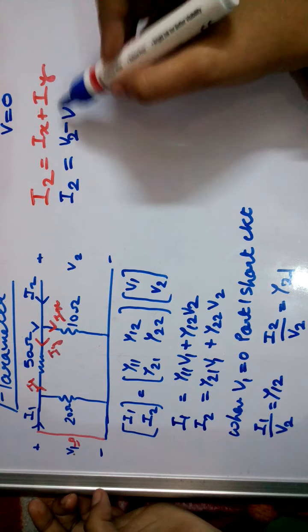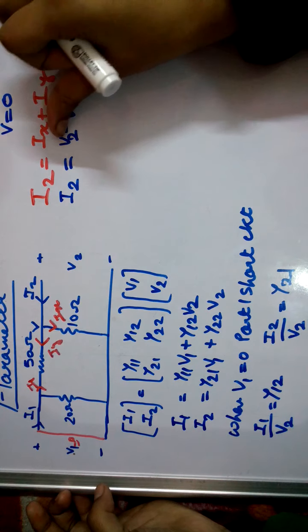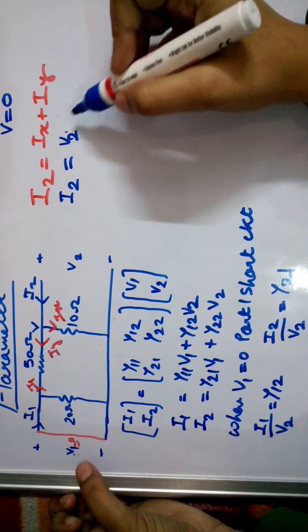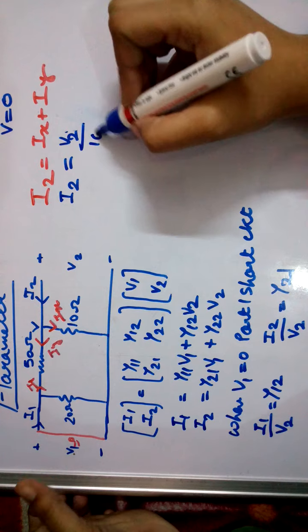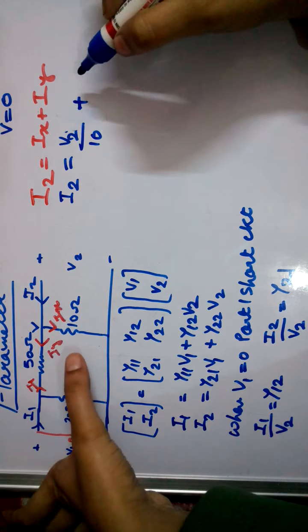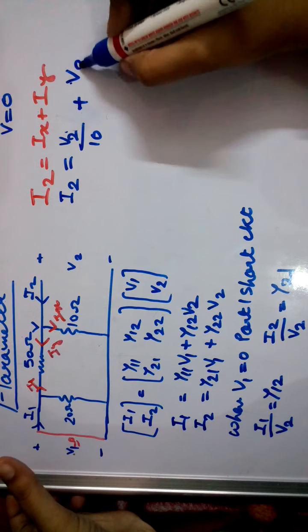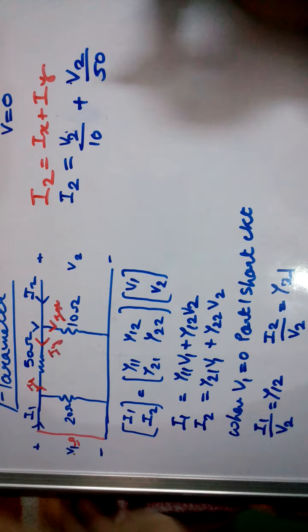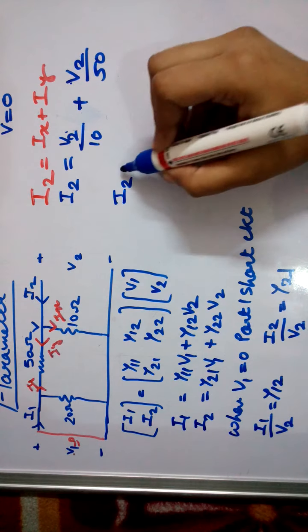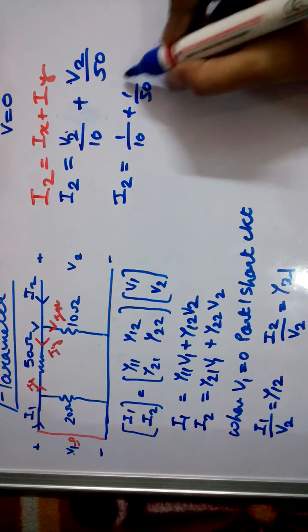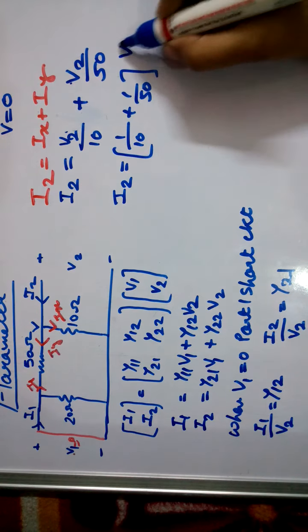So Ix is V2 upon 10 plus Iy, which is V2 minus 0 upon 50. I2 equals 1 upon 10 plus 1 upon 50 times V2.